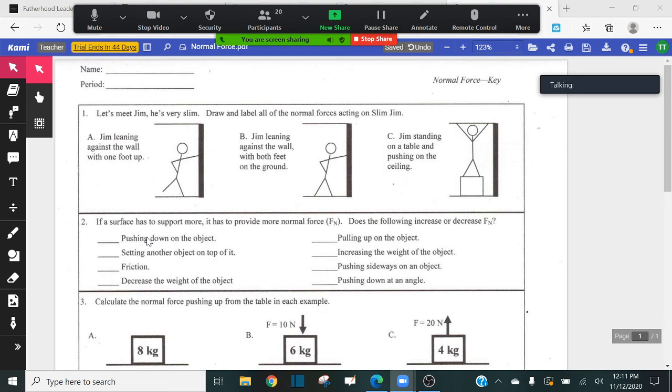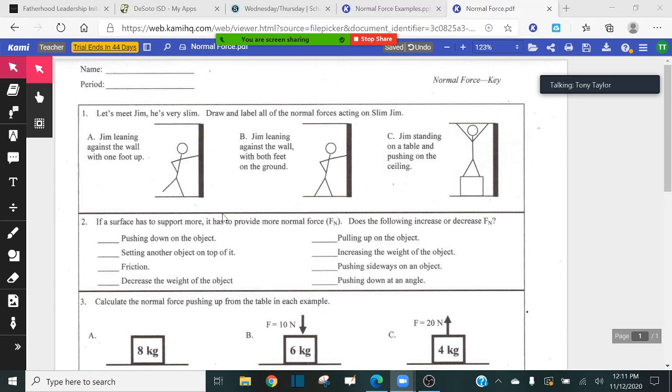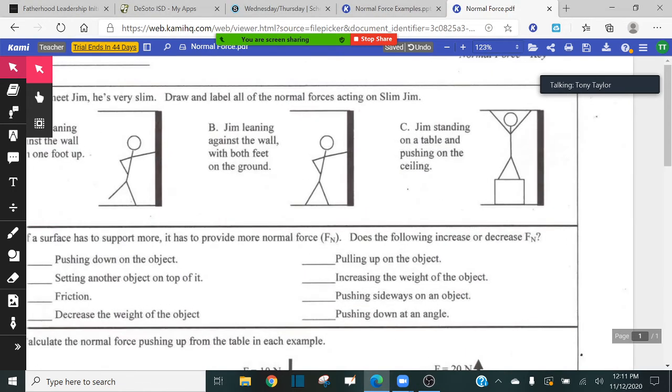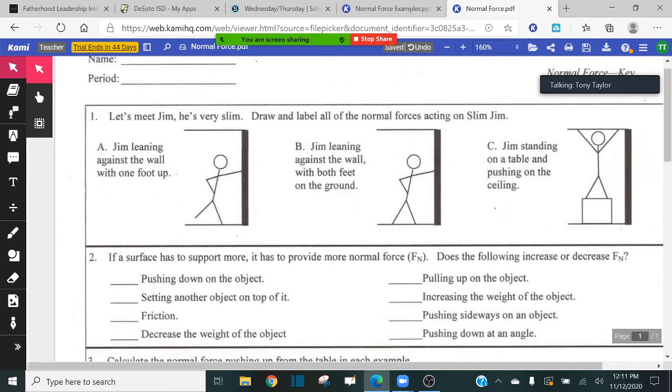So here I'm just going to focus on a few concepts from this worksheet. It says, let's meet Jim. He's very slim. Draw and label all of the normal forces acting on slim Jim. Let's start with situation A first. In situation A, Jim is leaning against the wall with one foot up. We want to draw all the normal forces acting on Jim.